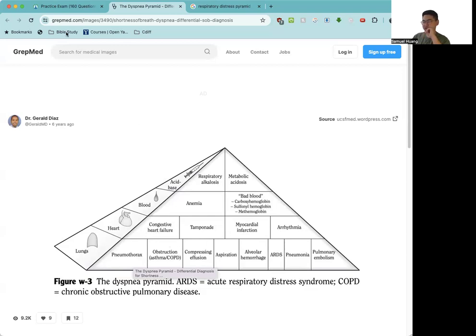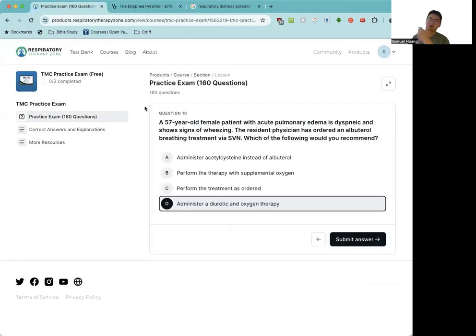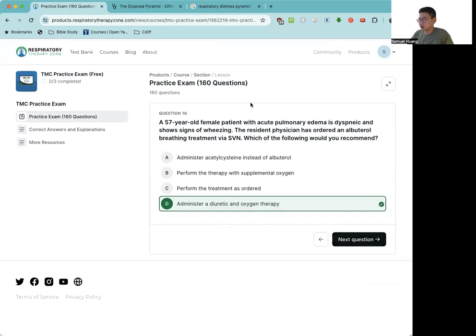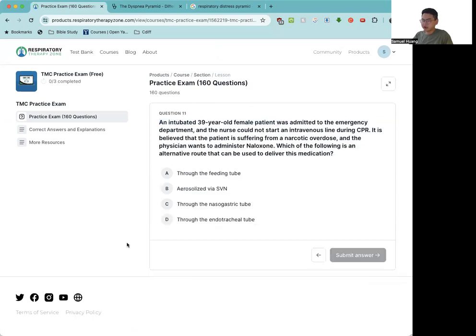If it's from CHF, as in this case, then we want to do Lasix and the non-invasive pressure ventilation. If it's from tamponade, then we want to do an echo, see if we need to do a pericardiocentesis, see if we need to do a window, right? All right, so figure out the cause of the respiratory distress. In this case, it does seem like it's more cardiogenic, pulmonary edema. So that's why we would give the diuretic.